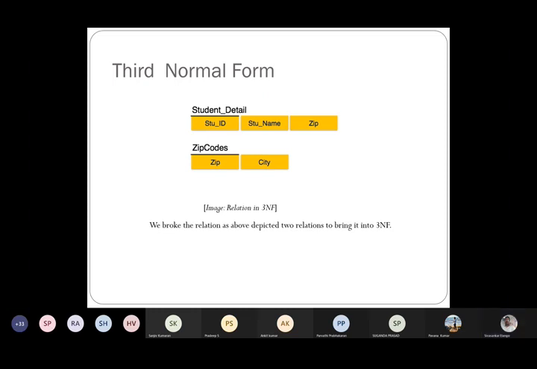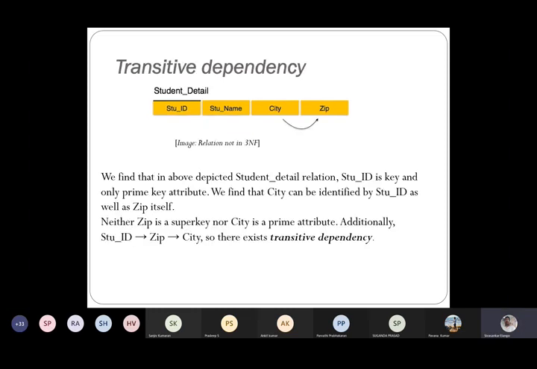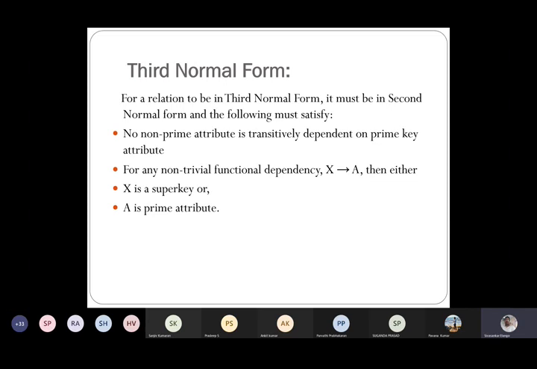So this is the definition for third normal form, right? Whenever you check whether a relation is in third normal form, it should meet the requirements of second normal form. Similarly, when you say a relation is in second normal form, it should meet the requirements of first normal form, right?